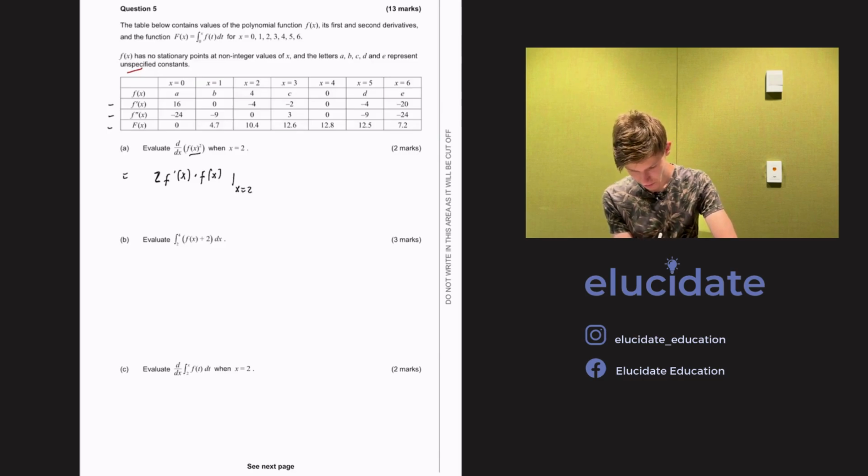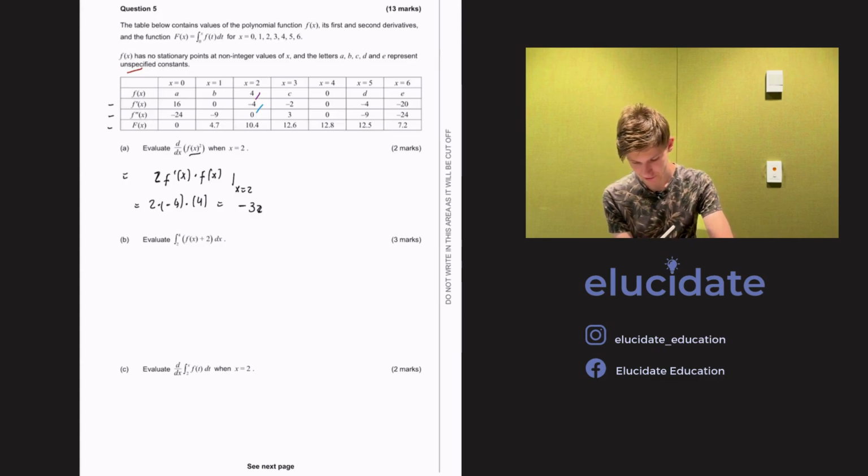For x equals 2, we have the derivative function equal to minus 4, just here, and we have the function itself equal to 4 as well. So we've got 2 times negative 4 times positive 4. That's going to equal negative 16 times 2, negative 32.